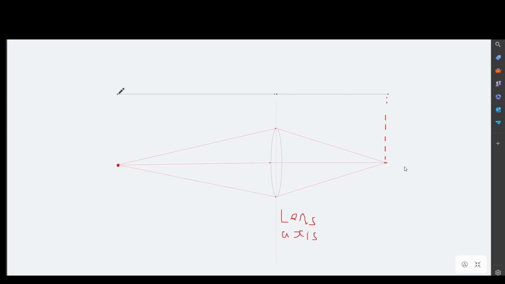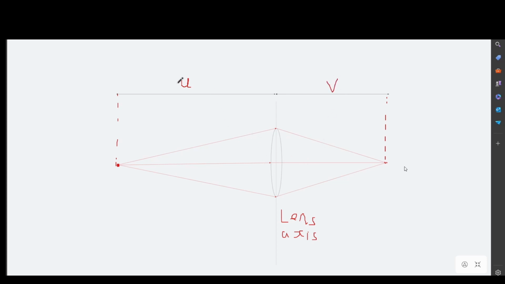So we're going to call this distance from here to here the object distance. We're going to call that U. It should be denoted as U for object distance for any exam board and all A-levels. Then image distance is denoted as V. Very simple.